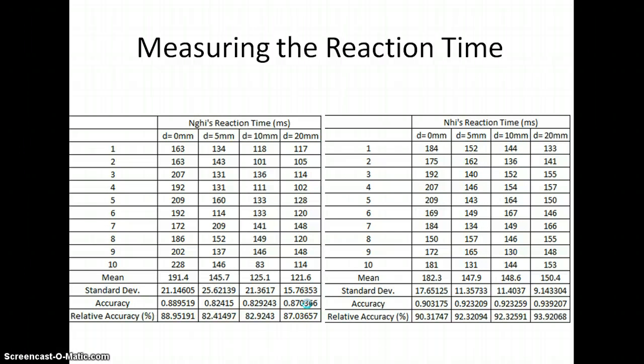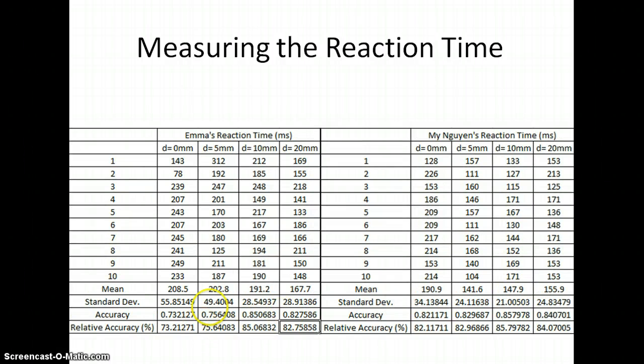But for those who have a small reaction time, especially 150 and faster, it really affects the relative accuracy of the experiment as we use the d equals 0 millimeter. The time gets closer and it's not that accurate compared to when using d equal 10 millimeter and d equal 20 millimeter.